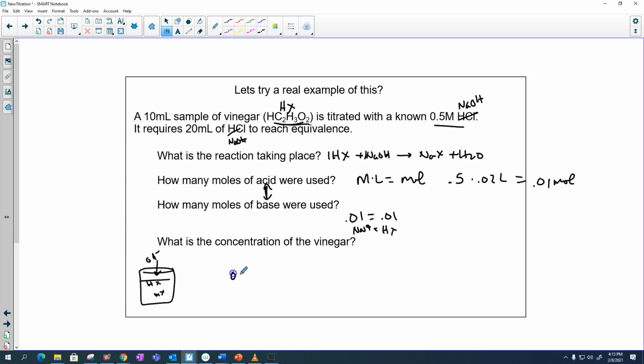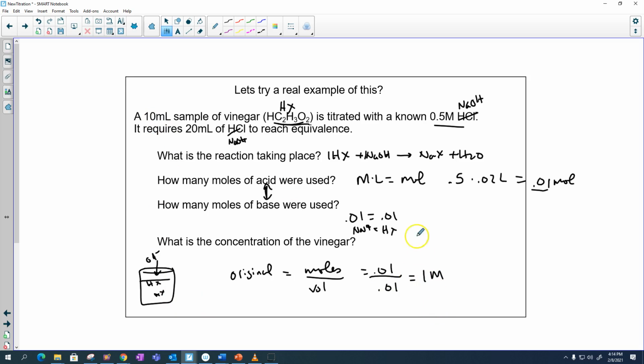I want the original concentration. So I want the original moles in the original volume. So originally, before I destroyed them, I had 0.01 moles of the acid in here. Now that's all gone. It's got neutralized. Now those original 0.01 moles were in the original volume of 10 milliliters. 0.01 divided by 0.01 liters, and this is 1 molar.